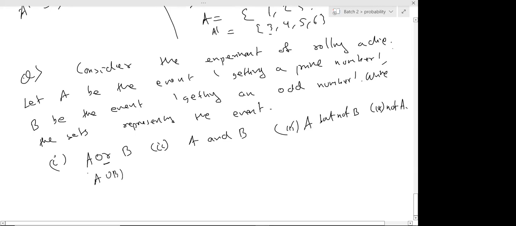A union B, this is A intersection B, this is A minus B, and not A is complementary of A. So first try to write the sets A and B, then calculate these things. Easy question, try to solve.